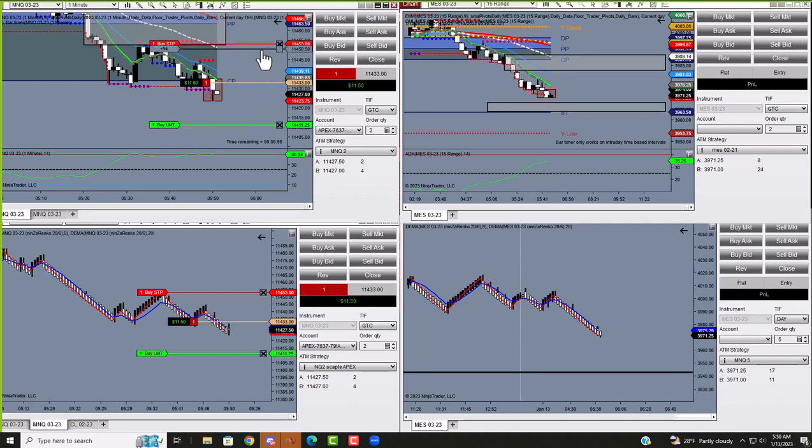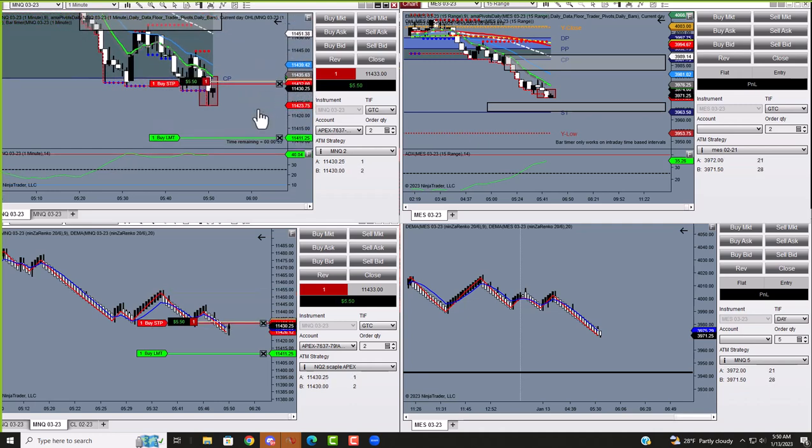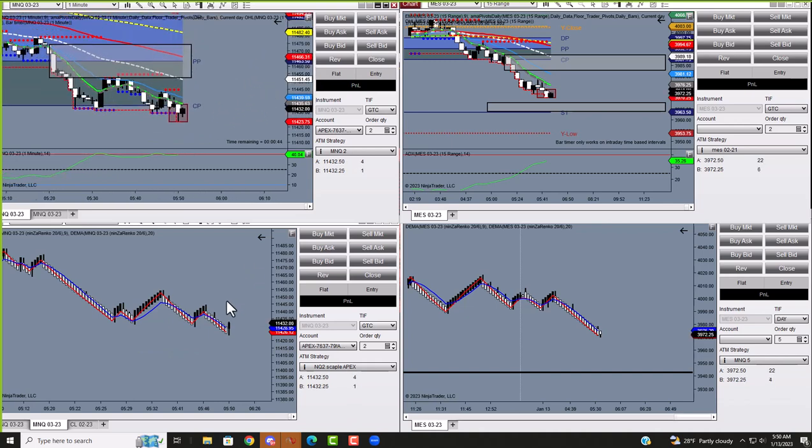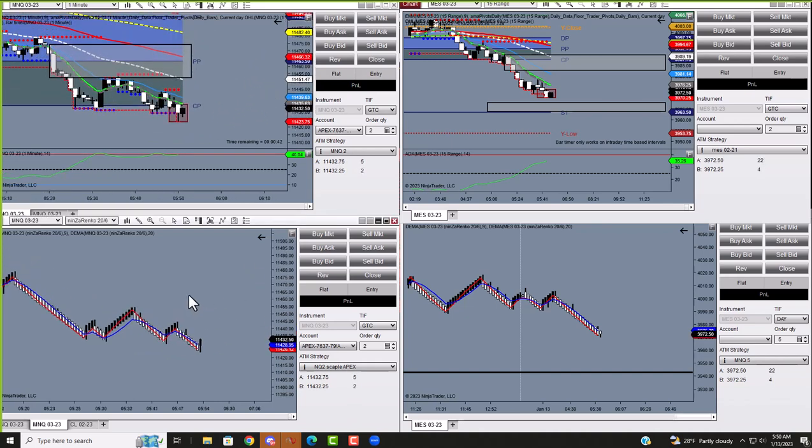I'm going to put my stop in profit just in case. We are down here by that second standard deviation. Stop filled. Alright, it is what it is.